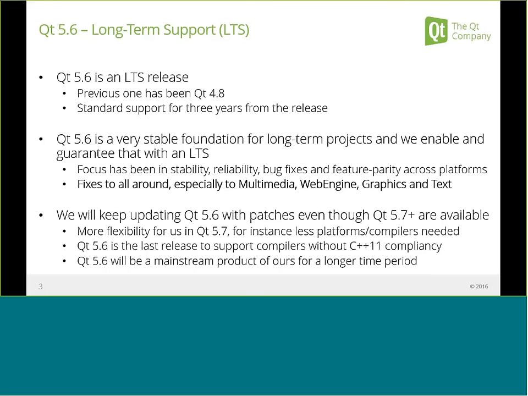So 5.6 is going to be the last release to support all the legacy compilers without C++11 compliancy. So with 5.7, we're actually going to take major steps forward for modern C++ support, C++11 and 14.